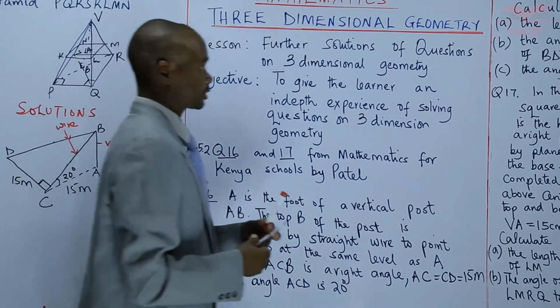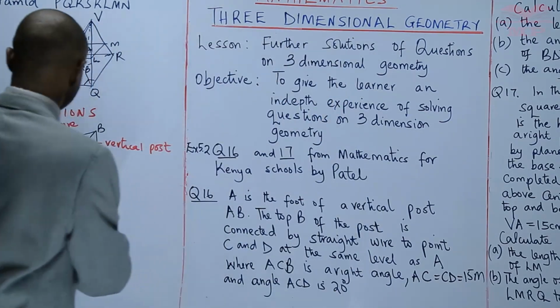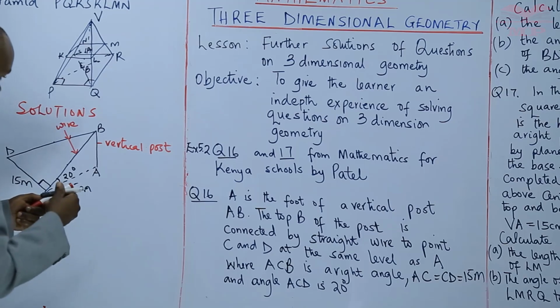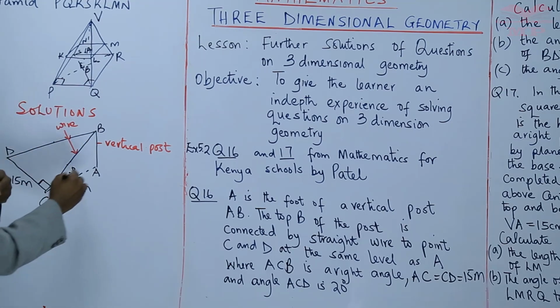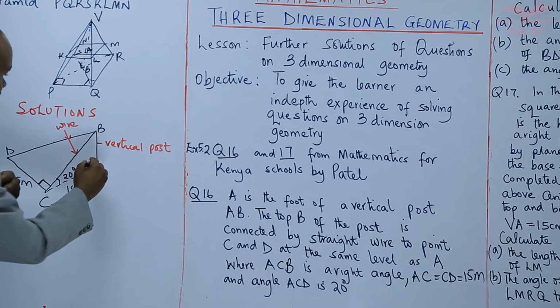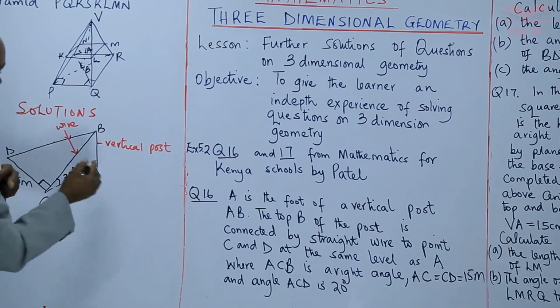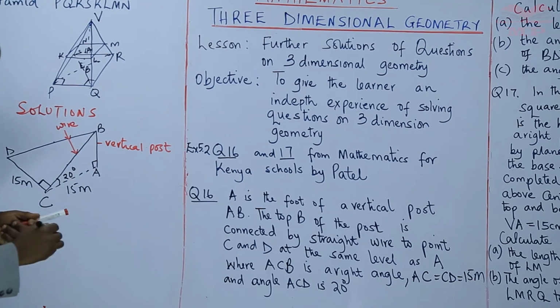So what are the questions? The length AB. If this is level ground, this will also be a right angle.